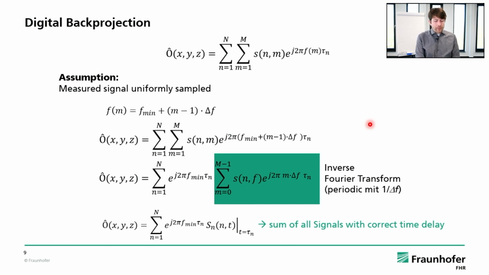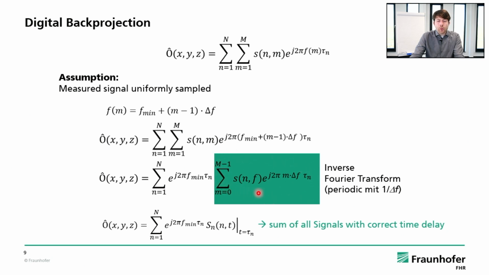So we are measuring frequency over frequency, and we don't measure an arbitrary collection of frequencies, but we are measuring at a certain start frequency, a minimum frequency, in a certain grid. So this grid has the grid spacing delta f, and a certain number of frequency points.